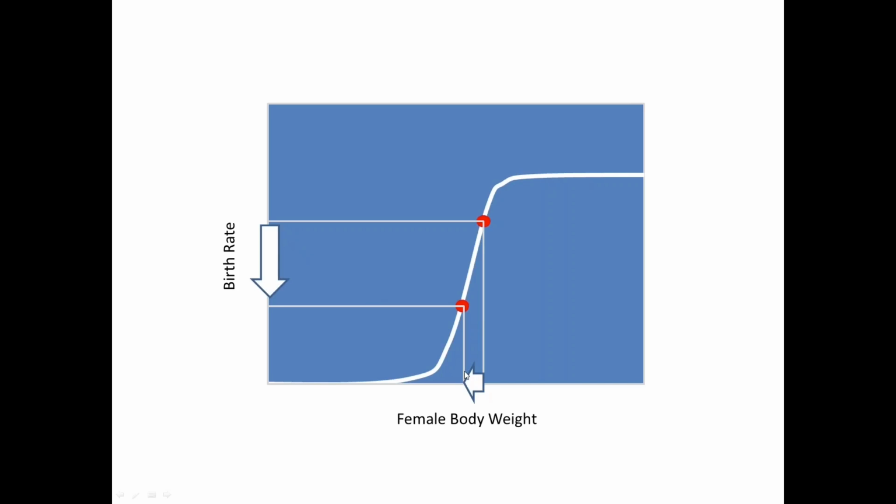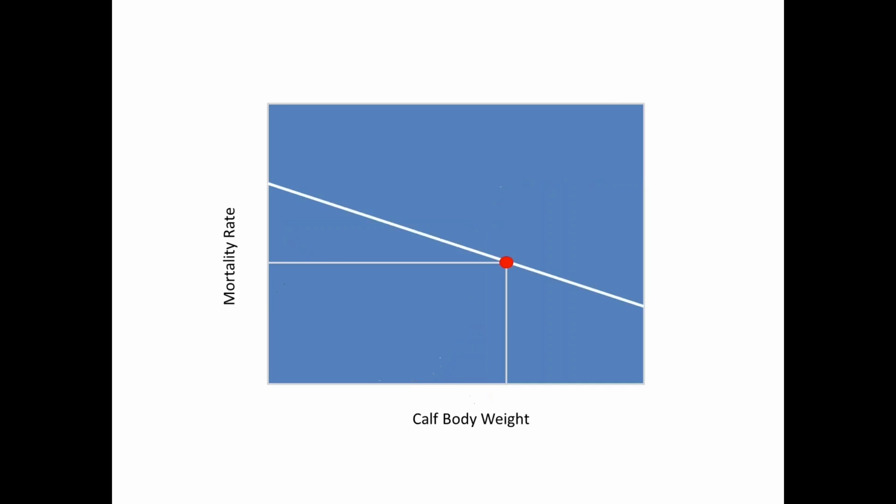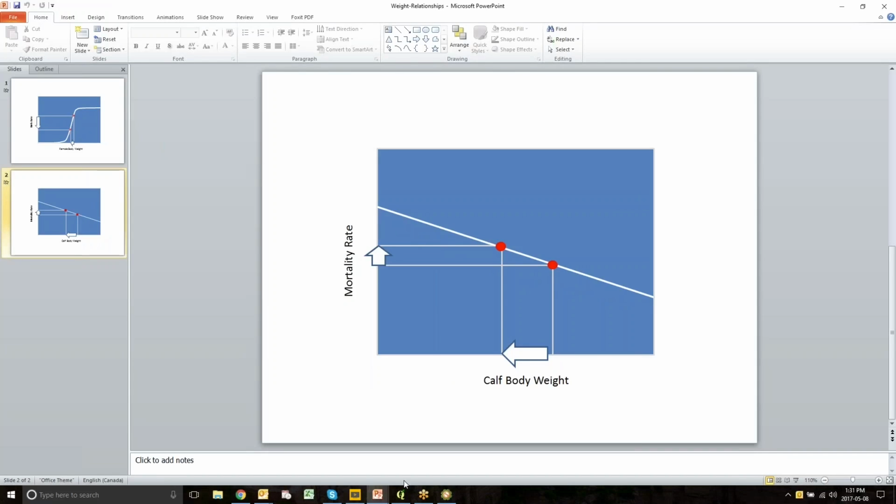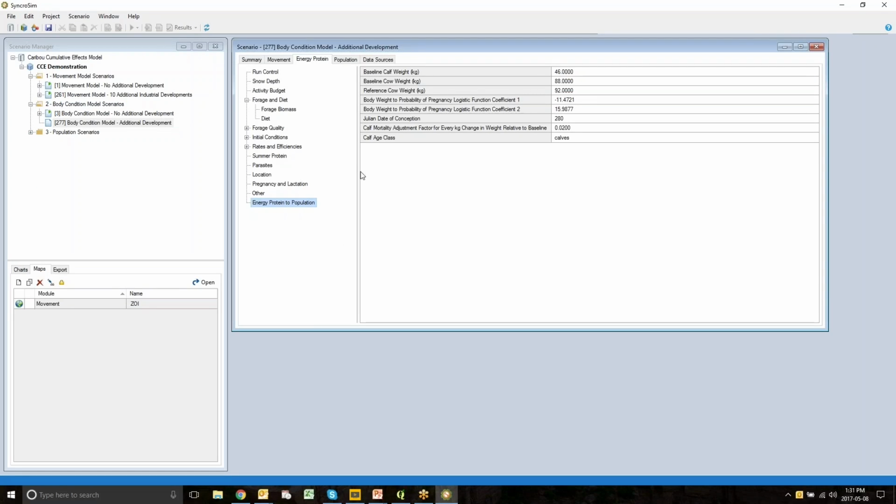And similarly, there's a linear relationship between the body weight of a calf and the likelihood that it will survive or die over the winter, its mortality rate. And so a decrease in calf body weight can result in a corresponding increase in its likelihood of dying, or its mortality rate. So that's what the coefficients on this set of inputs define.